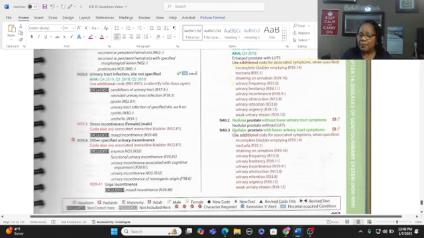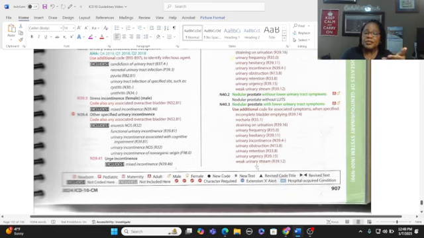Same thing at N40.3, nodular prostate with lower urinary tract symptoms. There's a note there that says, use additional code for associated symptoms when specified: incomplete bladder emptying, nocturia, straining on urination, urinary frequency, urinary hesitancy, urinary incontinence, urinary obstruction, urinary retention, urinary urgency, and even weak urinary stream.